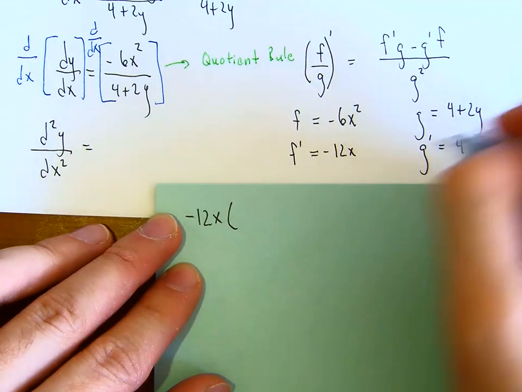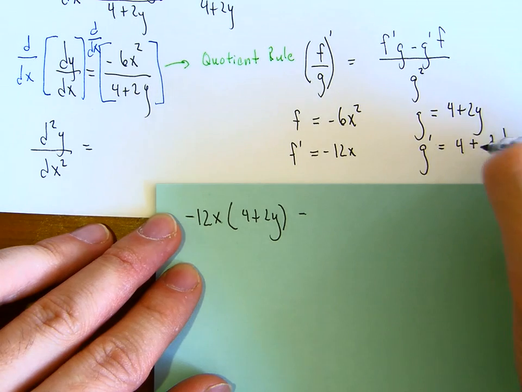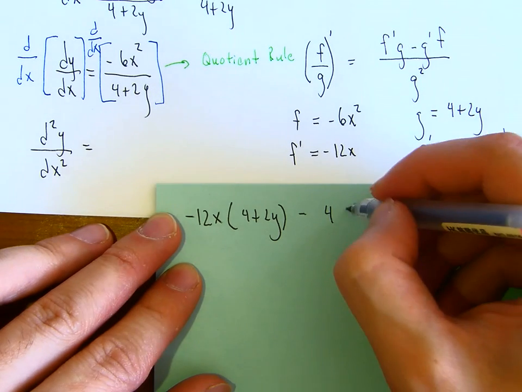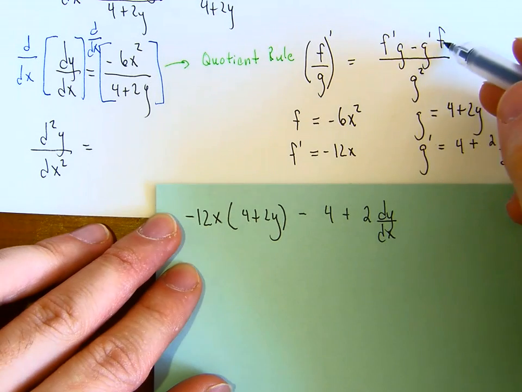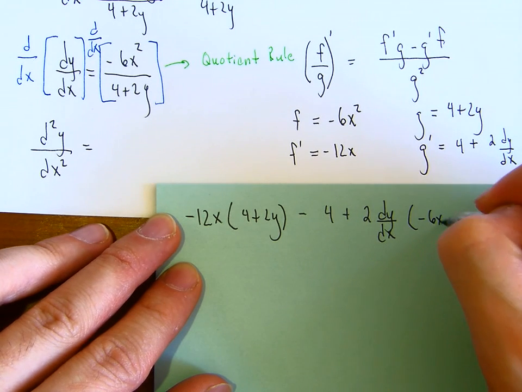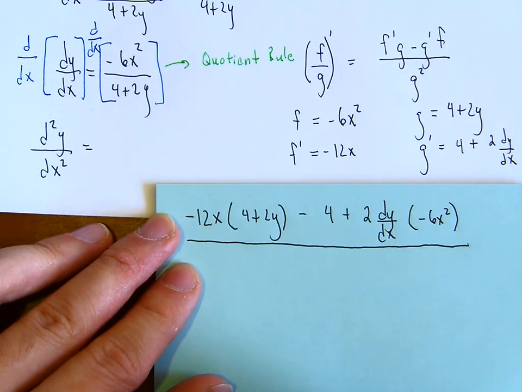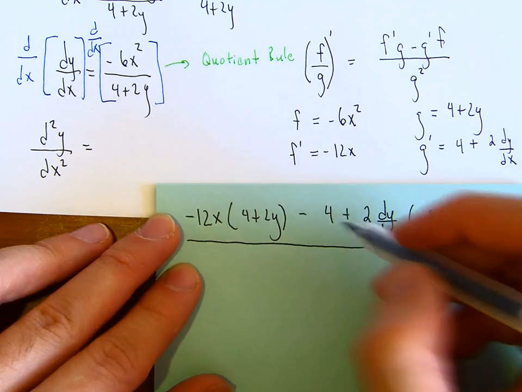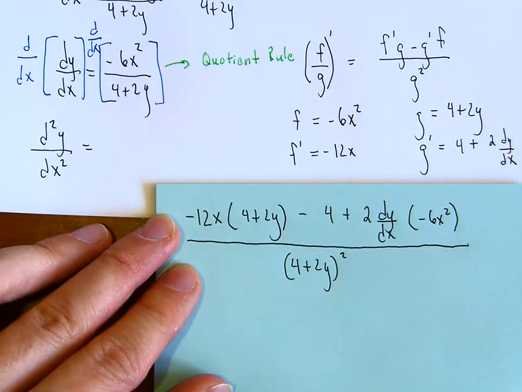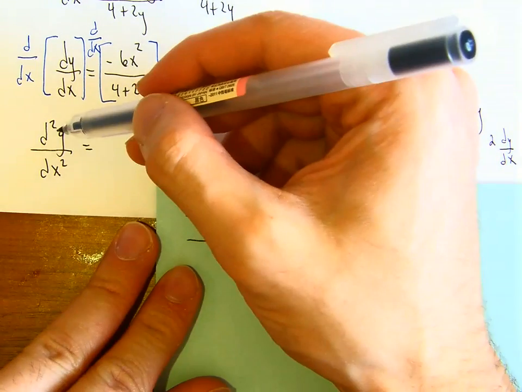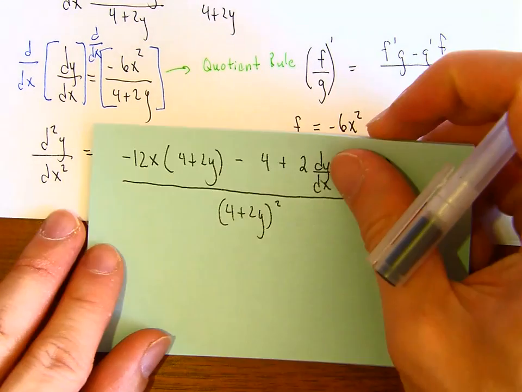It is 4 plus 2y, minus g prime, which is 4 plus 2 dy dx, times f, which is negative 6x squared, all over g squared. So it's 4 plus 2y, the whole thing squared. Okay, so this is what d squared y over dx squared is equal to.